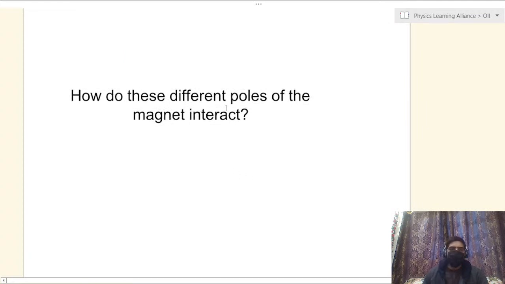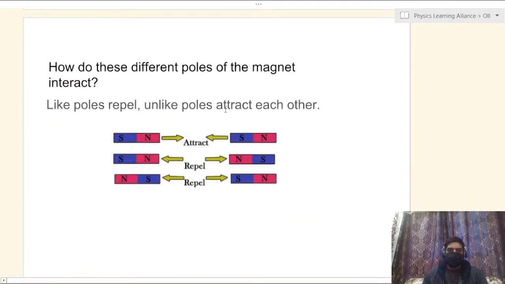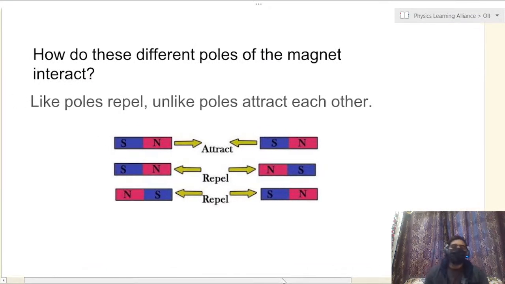How do these different poles of a magnet interact? Now this one is very straightforward: opposite poles attract, or unlike poles attract, and like poles repel. Just like the charges.